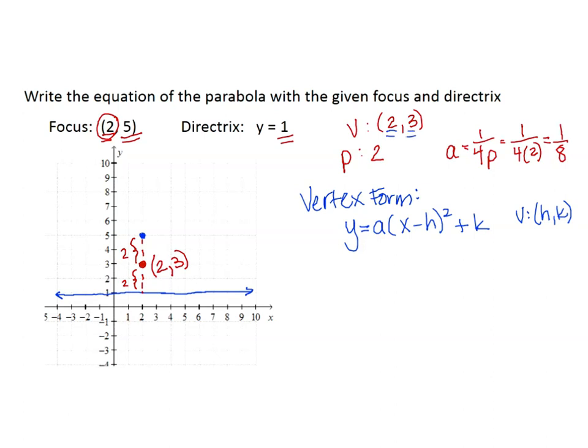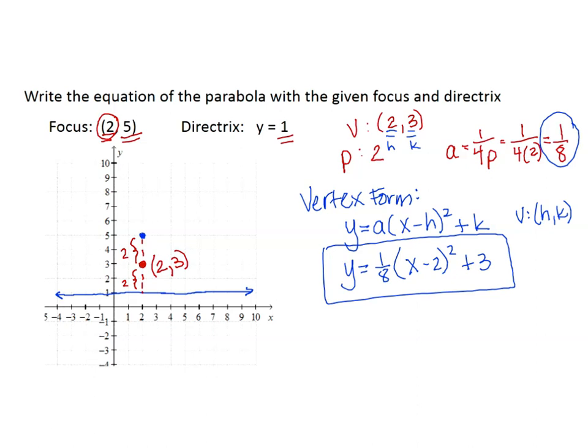So if I'm going to put the vertex in, this is going to be my h, and this will be my k, and this is a. So I'll have y equals 1/8 (x minus 2) squared plus 3. And that's it. That's the equation given this focus and this directrix.